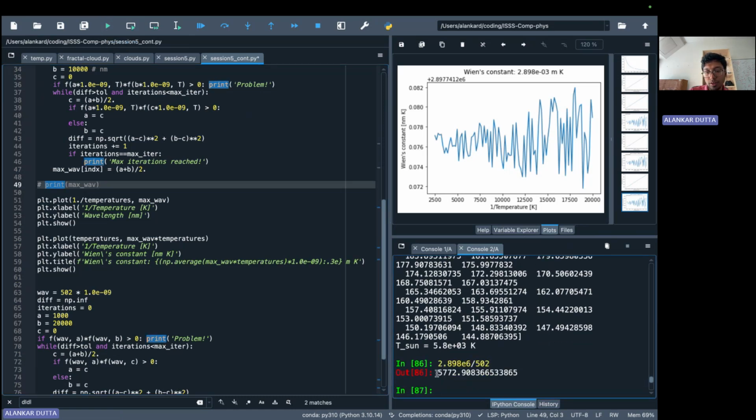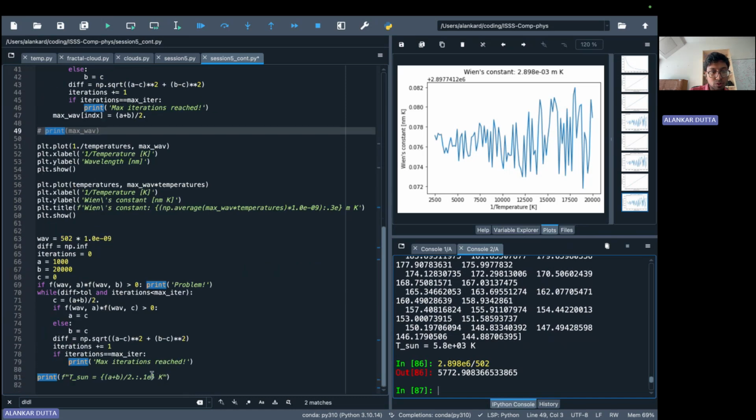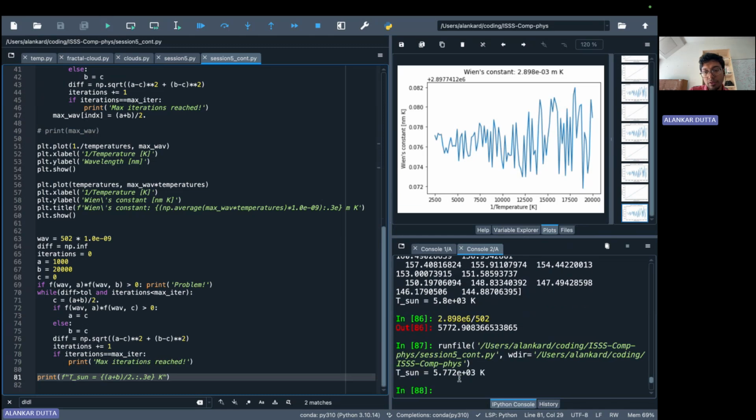We should get something around 5772. So let's make this 3 just to have a few more decimal places, but it doesn't matter. So yes, you see that we get something which is the same as the value we are getting in here. So we have the Wien's displacement constant, and if we go the other way around and solve for it, we get the temperature of the sun same as what we expect from the previous part after knowing the value of the Wien's displacement constant.